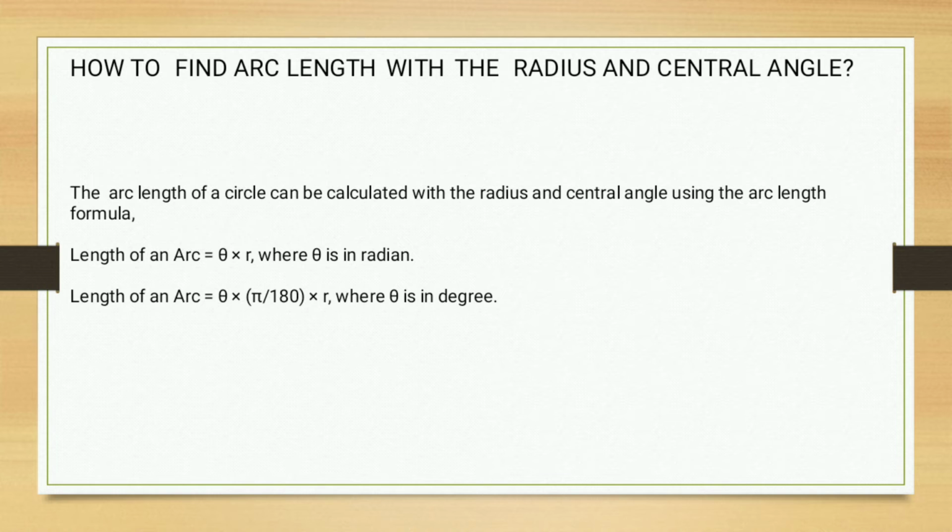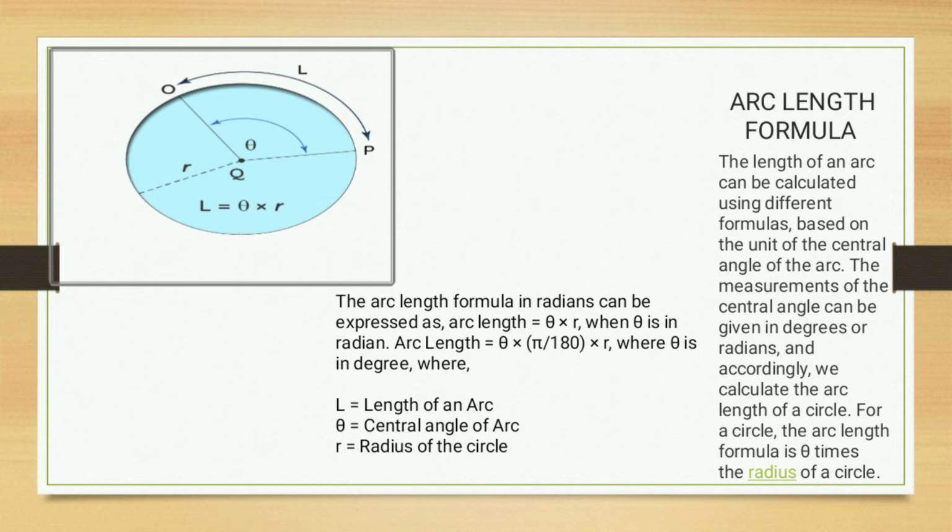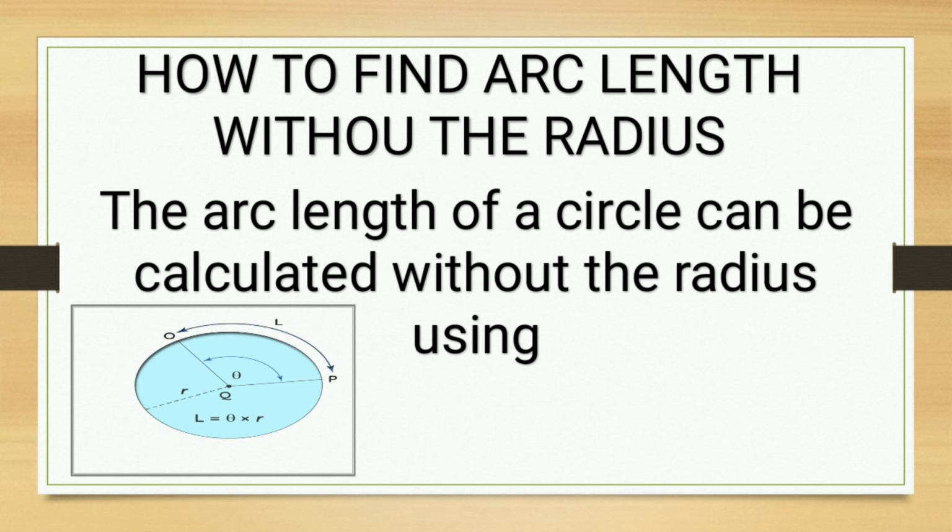Length of an arc equals θ times r, where θ is in radians. How to find arc length without the radius. The arc length of the circle can be calculated without the radius using.